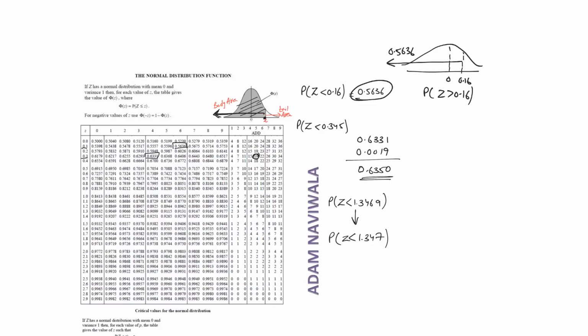In order to find the probability of z greater than 0.16, which means we are interested in the tail area, this would be calculated by doing 1 minus 0.5636, which comes out to be 0.4364. That is your probability for the tail area, and this is how we will be solving questions.